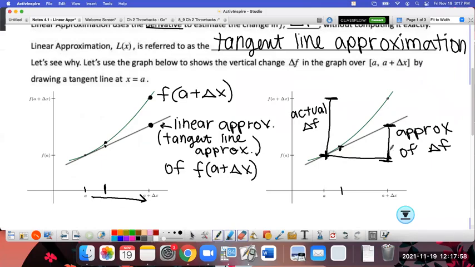So change in x and change in y. That's slope, isn't it? Change in y over change in x. Specifically, what am I looking at the slope of when I draw that on this line? That's the change in y over the change in x for the tangent line. And that tangent line is drawn at A. The slope of the tangent line is f prime of A.